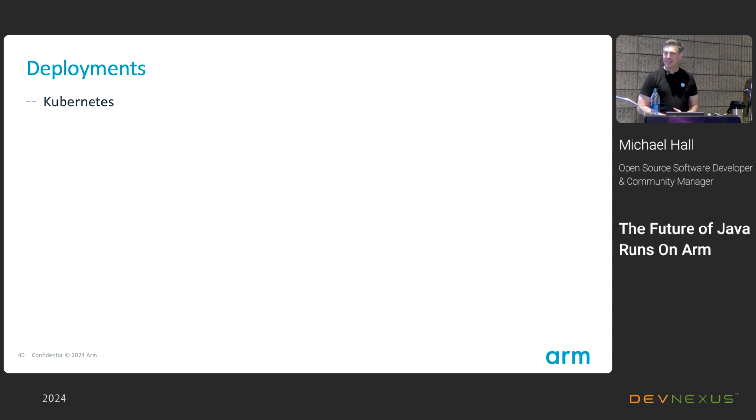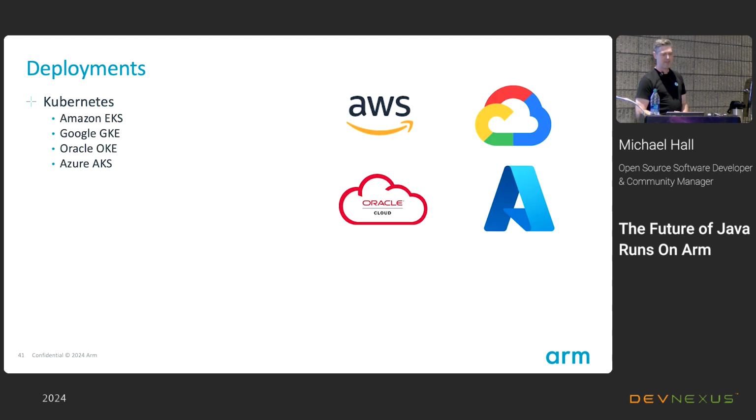For deployment, everybody's favorite Kubernetes has native support for ARM64, as well as all of the big four cloud providers' Kubernetes offerings. So Amazon EKS, Google GKE, Oracle OKE, and Azure AKS. We're so creative with names.